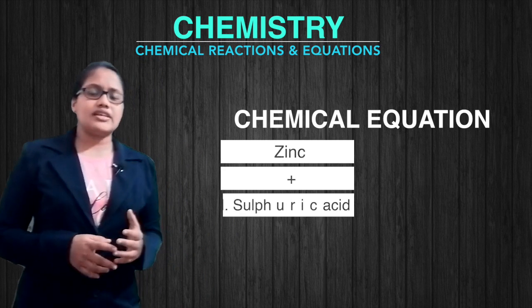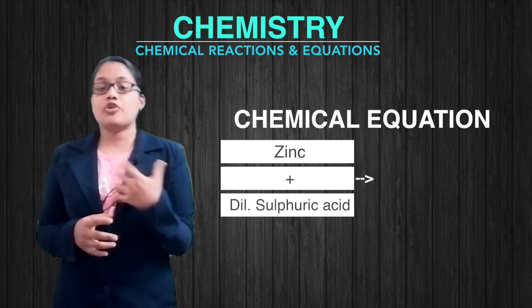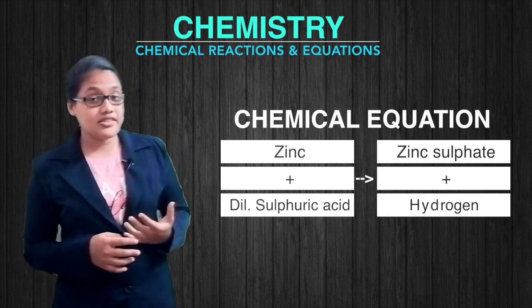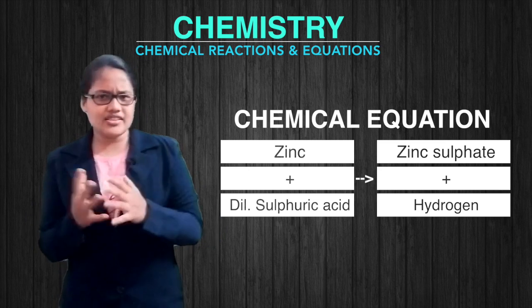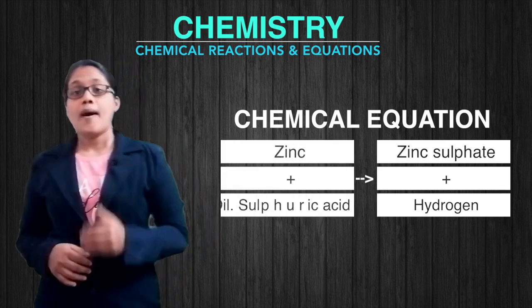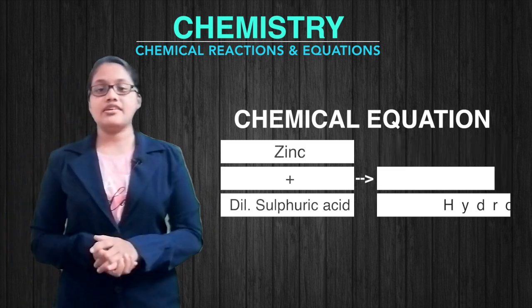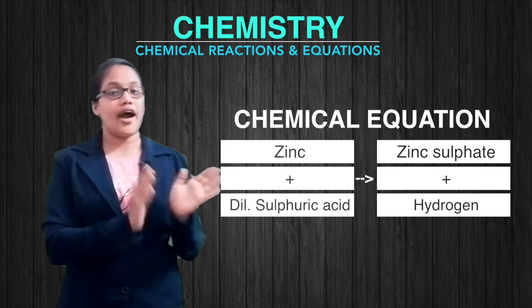So, zinc metal reacting with dilute sulfuric acid, it produced zinc sulfate and hydrogen gas. So if we write this down, we can write it as zinc plus sulfuric acid gives zinc sulfate plus hydrogen.